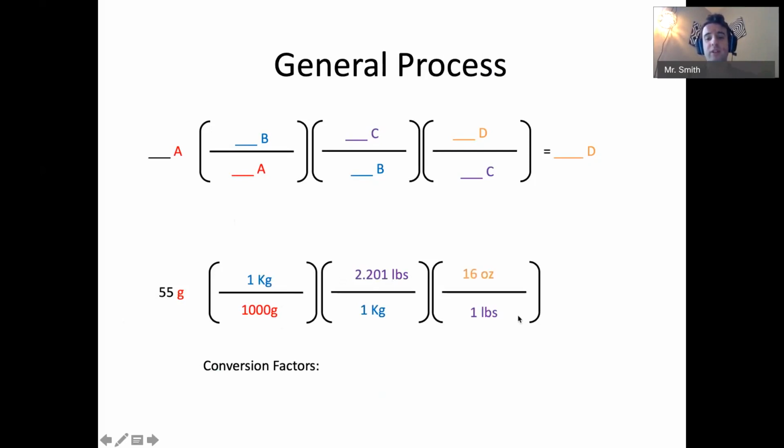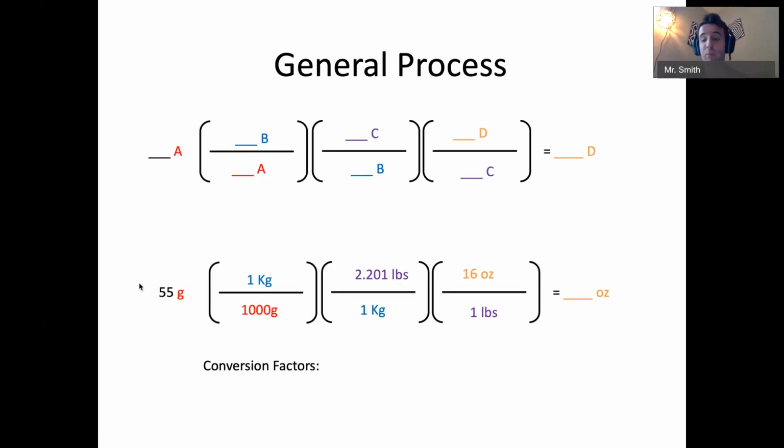And then converting pounds to ounces, oh, that's right. We're trying to figure out ounces here. So hopefully you can see how these three brackets are each conversion factors that will always be true. The 55 is the number we started with, and that would have been given in a problem. The problem would have said something like, if you have 55 grams, how many ounces is that?